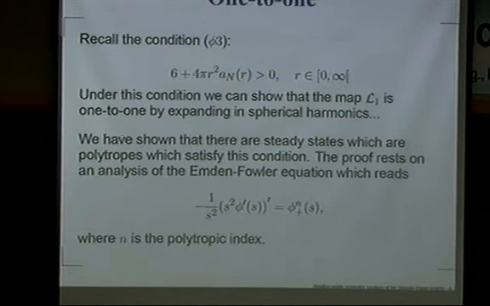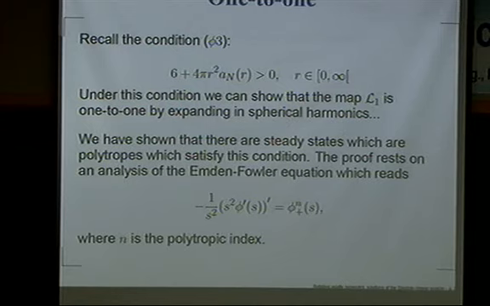And it turns out that under this condition 5.3, if this holds, then we can show that the map is 1-to-1. The full map, actually, not the L1, but the full map L.